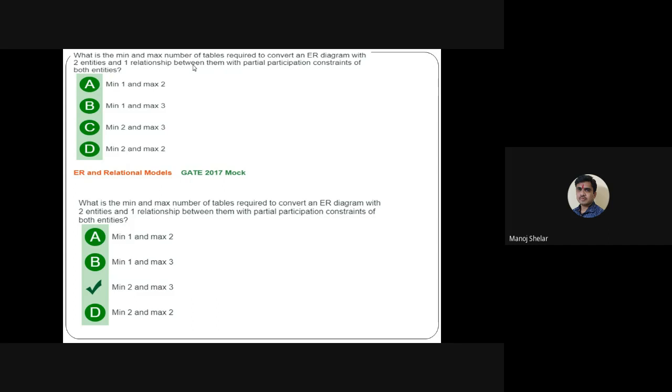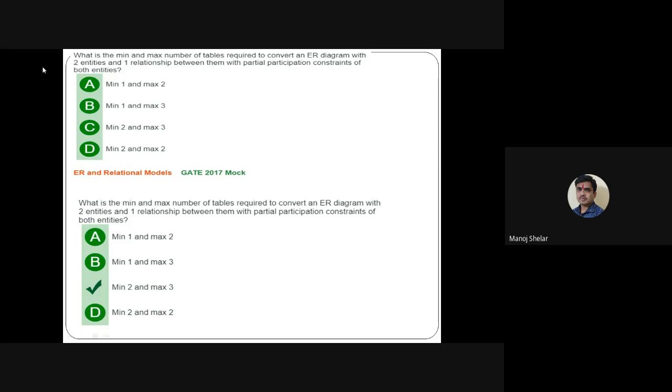Entity one, entity two, and here one relationship, right? So one entity, one table; second entity, second table. So as per the requirement, my condition is satisfied. So a minimum of two tables is required. For the maximum: first entity one table, second entity one table, and a third table with some attributes of the first entity, some attributes of the second entity, and some attributes of the relationship, if available. So a minimum of two tables and a maximum of three tables are required.